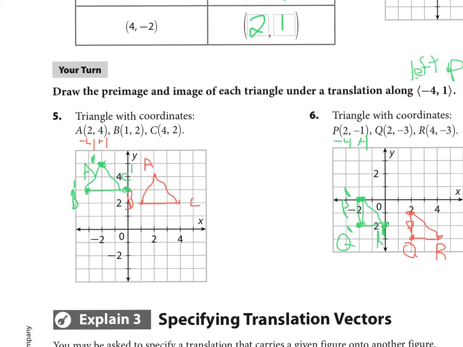So A, 1, 2, 3, 4, left 4, and up 1. Okay, and so that did work. All right, that is it for 2-1, and we will move on to 2-4 in just a minute.